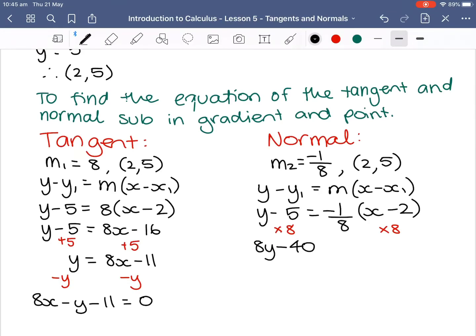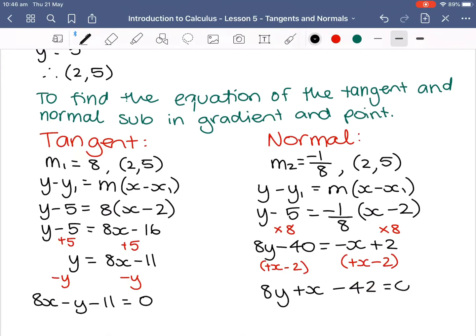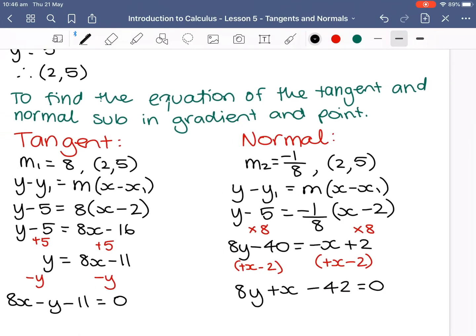So we get 8y minus 40 equals, and because this 8 cancels out the 8, I'm also at the same time going to multiply the minus 1 into our bracket, so minus x plus 2. Then we want everything in general form, so we add x and minus 2 to both sides. So we'll get 8y plus x minus 42 equals 0 as our equation.